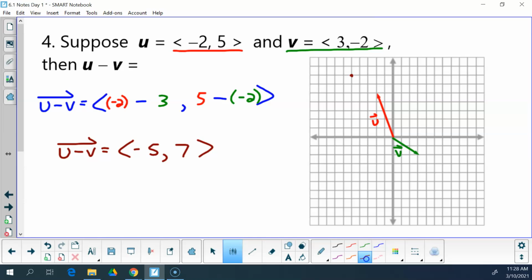That would be U minus V. Because if you think about it in terms of adding vectors, you would actually have to add the opposite of vector V. So instead of going head to tail, you would go head to head. You go head to head there, and where the tail is, there's our vector U minus V.